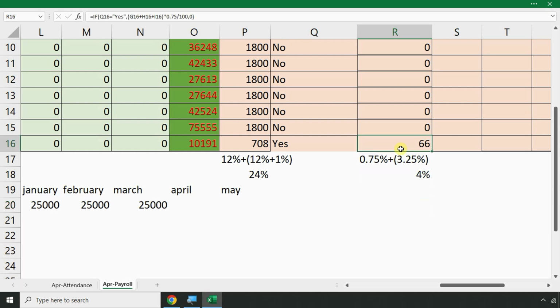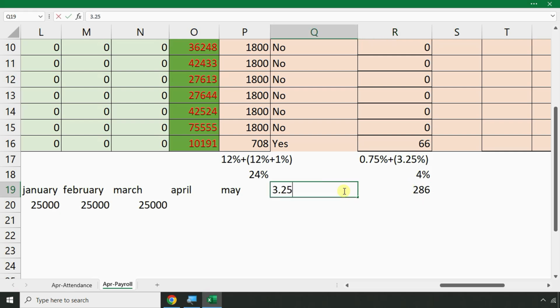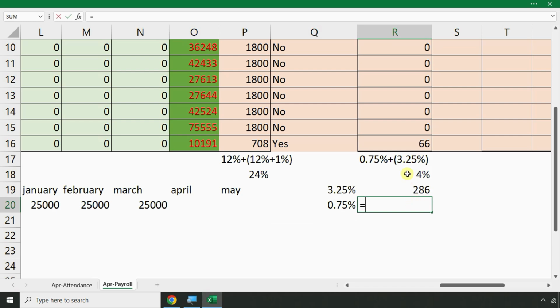Means how much? If employee contributing equals 3.25 by 0.75 into 66. So how much will the company add more? So total 352.